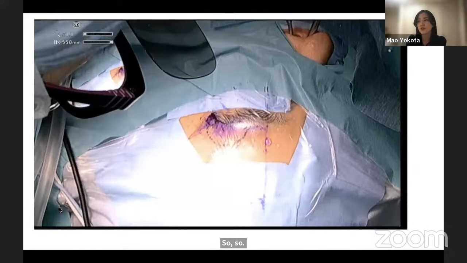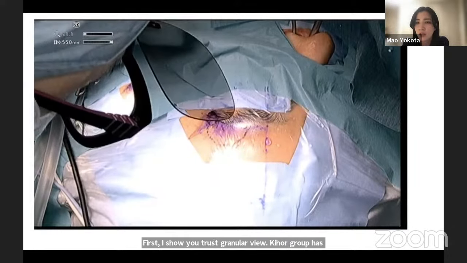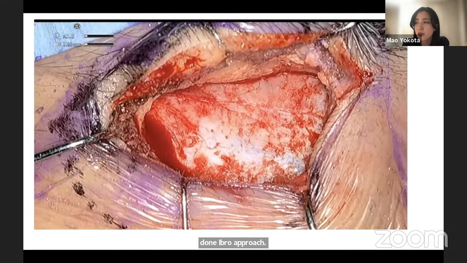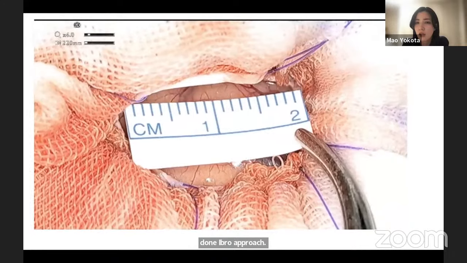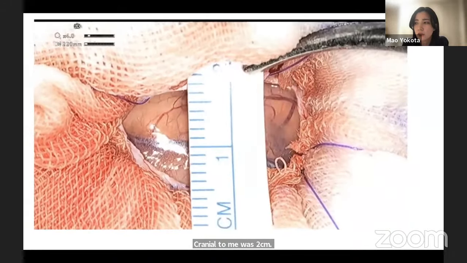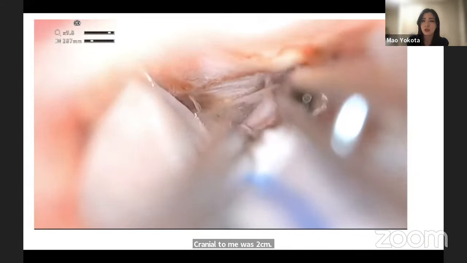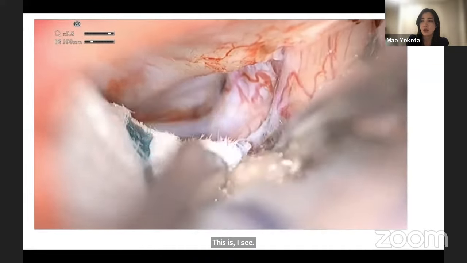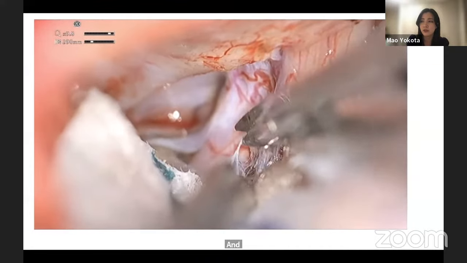First, I show you the transcranial view. The keyhole group has done an eyebrow approach. The craniotomy was 2 centimeters. This is the internal carotid artery, and this is the optic nerve.